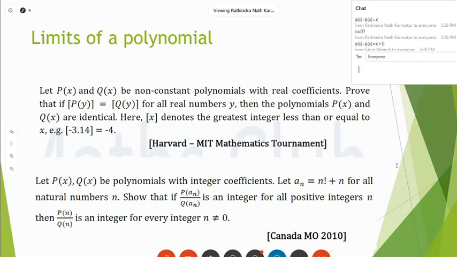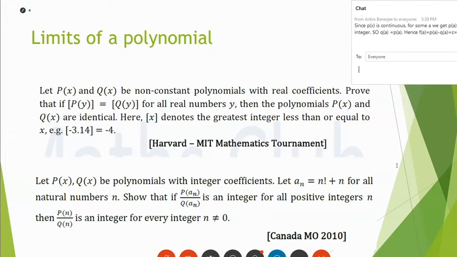Let p of x be equal to some integer minus 0.1 k, where k is the constant. Then you are saying that p of x and q of x do not have the same greatest integer less than or equal to that number. Is that what you are saying?